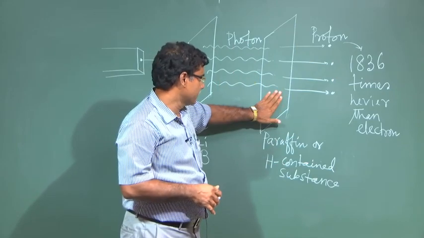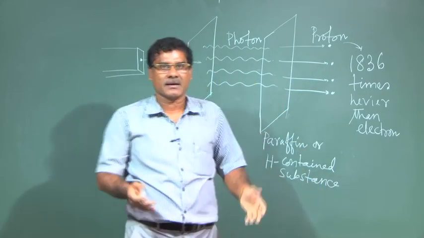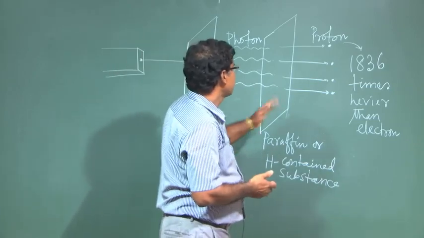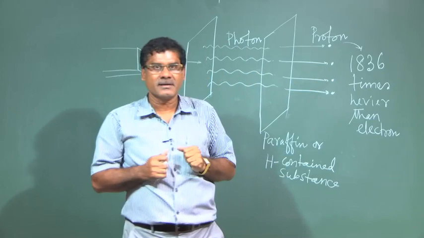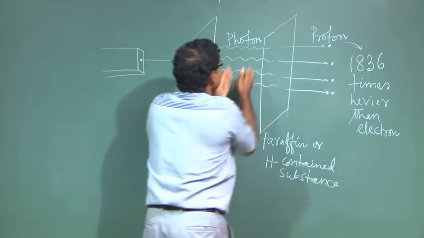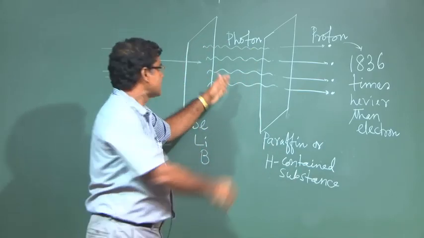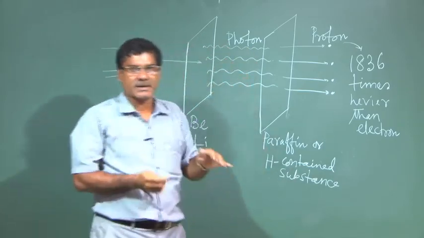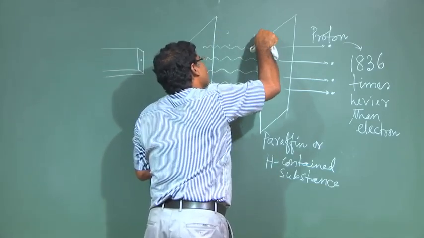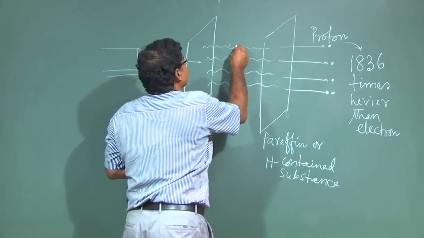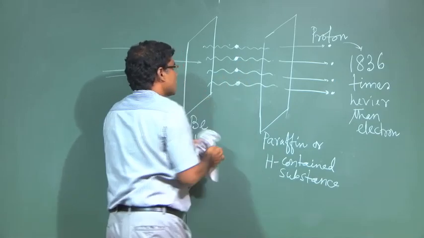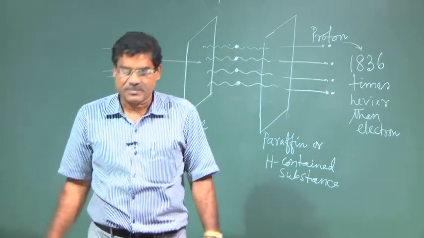So, then in 1932 itself, James Chadwick performed the same experiment, taking different targets. Besides paraffin, some other targets he also used, and he analyzed the change of energies of these targets, and he found that this is not a photon. It is neutral, but it is a particle.